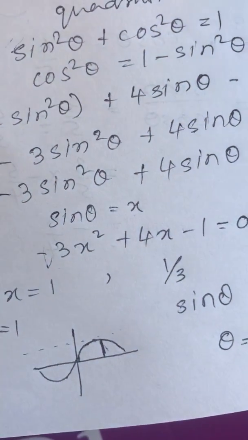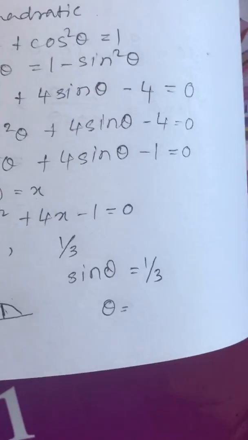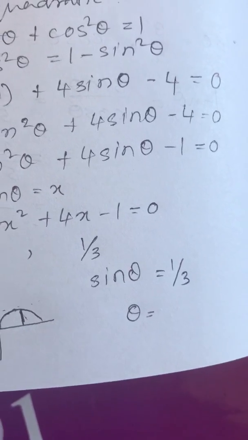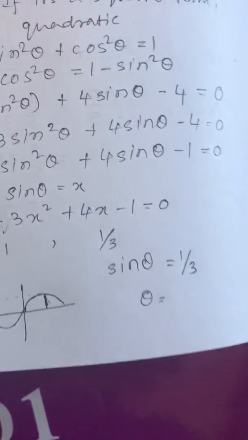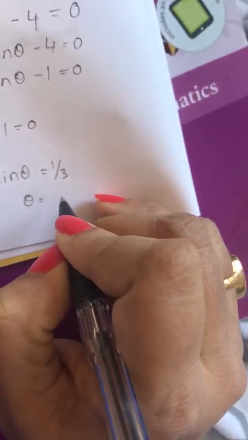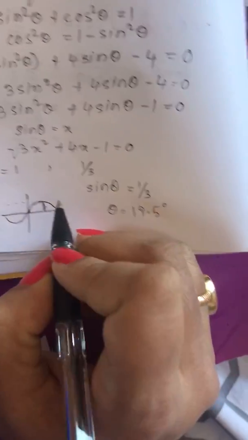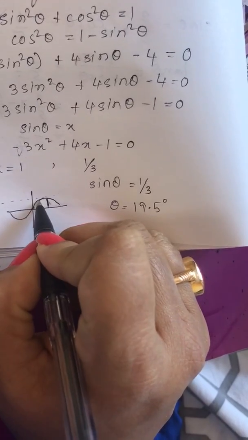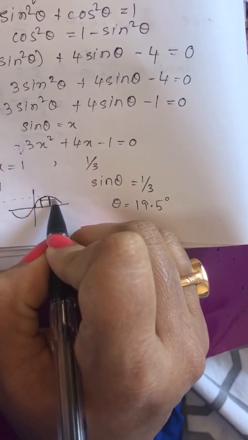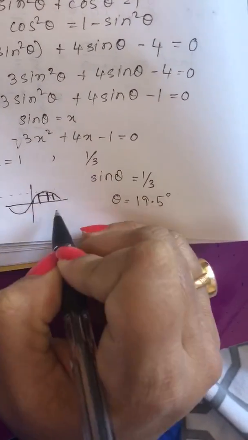Sine inverse of a third is 19.5. Check that in your calculator as well while you're doing that with me. So 19.5 is somewhere here, and you should have another solution here for that.